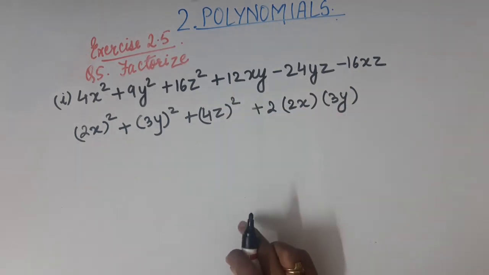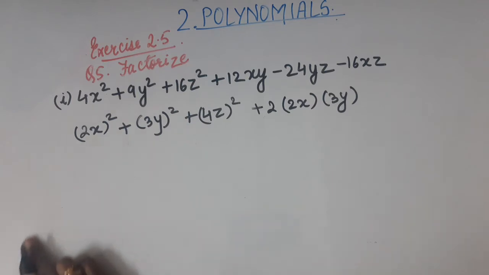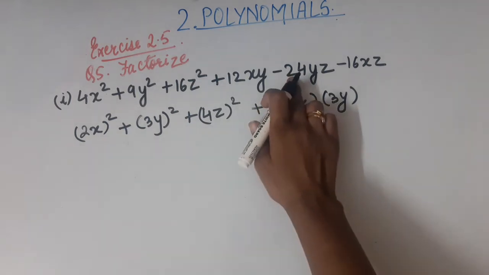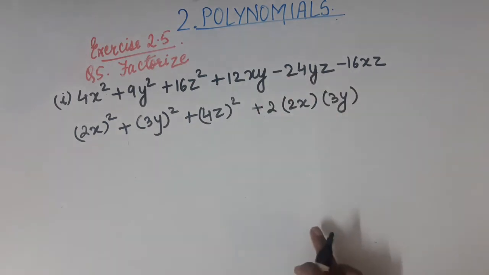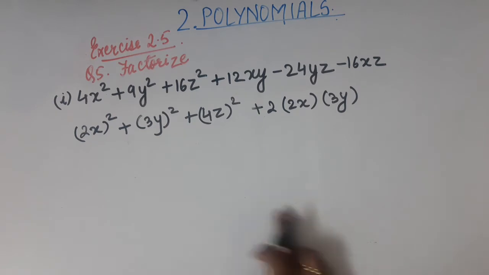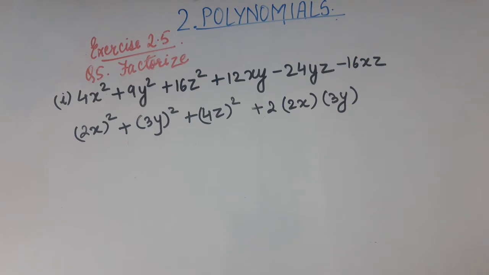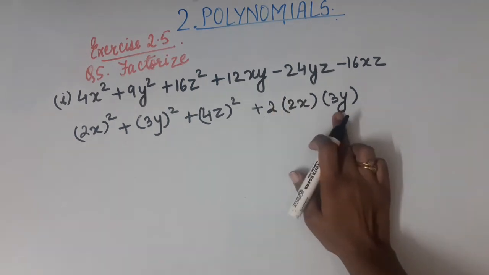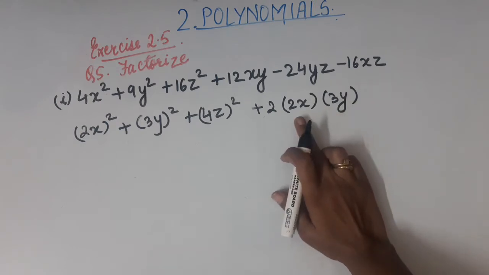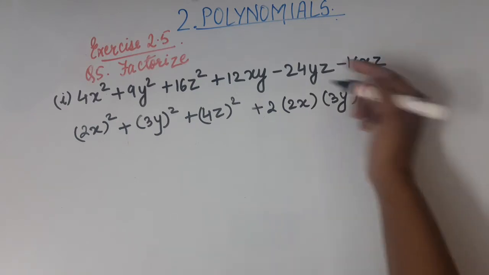Now there is a twist. In our ABC there is no negative sign, but in the fifth term we are getting a negative sign. That means some of A, B or C is negative in nature. A and B can't be negative, because we got plus 12xy.